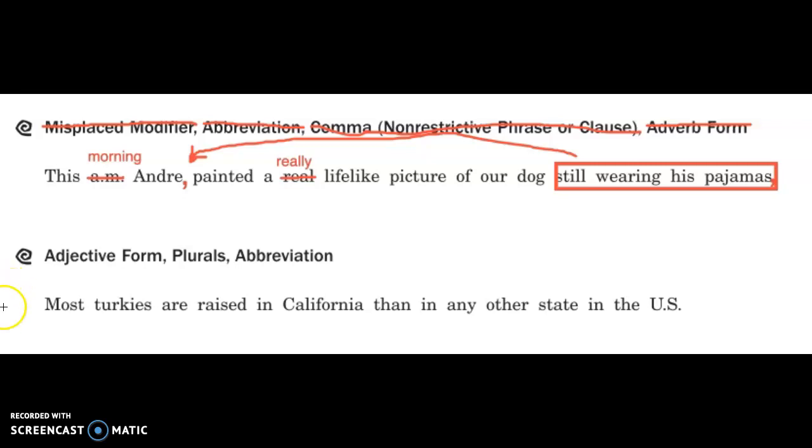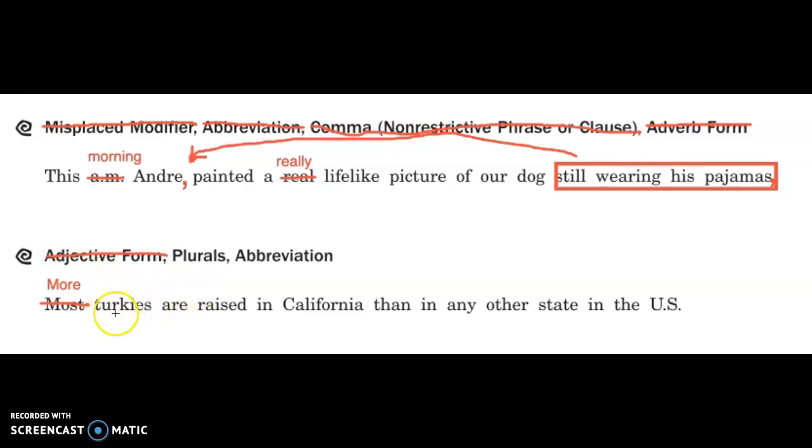However, in this sentence, we are only making a comparison between two things: the state of California and any other one state in the US. Because we're comparing just 2 items, we will change the superlative most to the comparative more. That fixes my adjective form error.